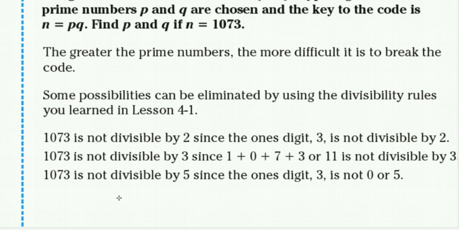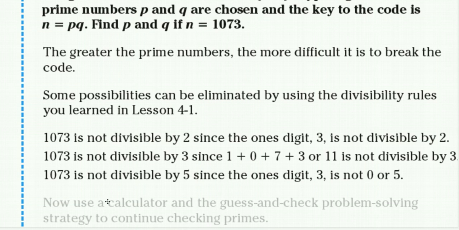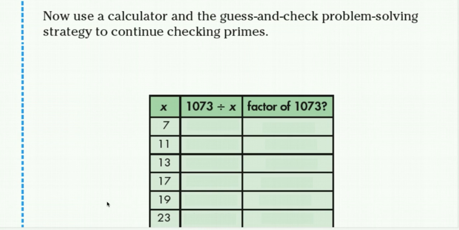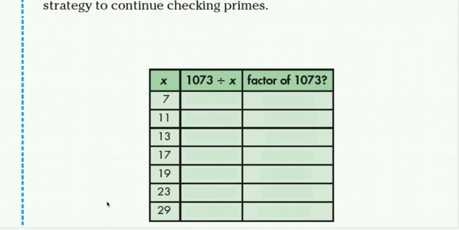Then, after we know it's not divisible by 2, 3, and 5, let's use a calculator and guess and check to continue checking for primes. So you have 1073 divided by x.